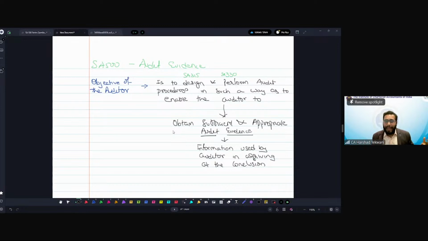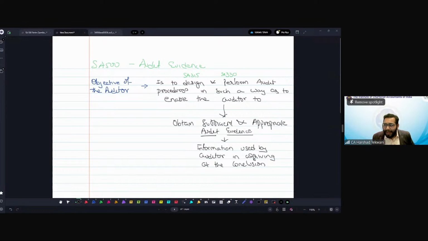Overall conclusion will remain the same, whether the financial statements are free from material misstatement or not. But at the assertion level, it will differ. In some areas, I may check some other assertions. So whatever information you have gathered to draw the conclusion, and which supports your overall audit opinion at the end, is your audit evidence.